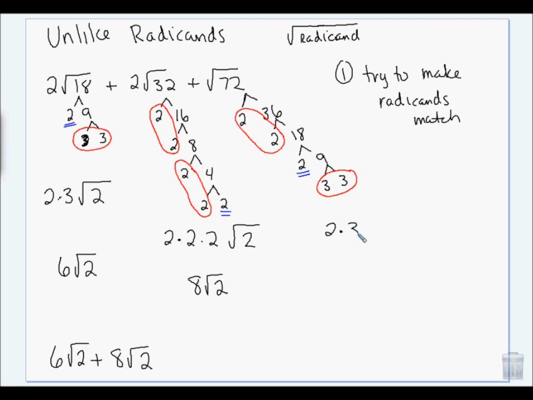So I can bring out that 2 and that 3 from my matching pairs and leave the 2 behind. So that gives me 6 times the square root of 2. And now I have like terms that I can add together. So 6 plus 8 is 14, plus 6 is 20.